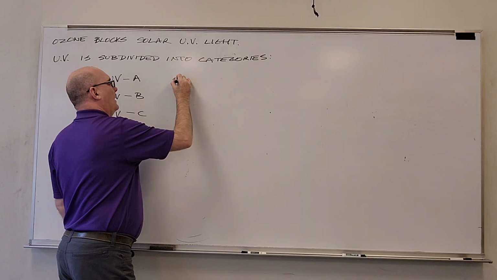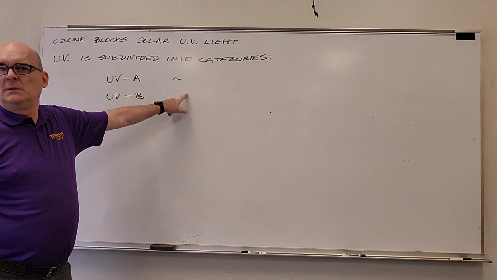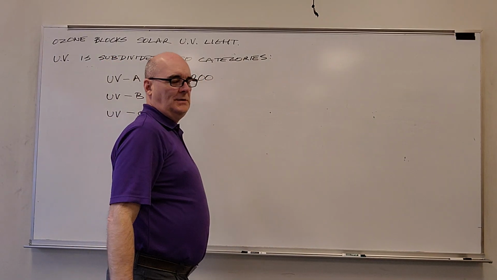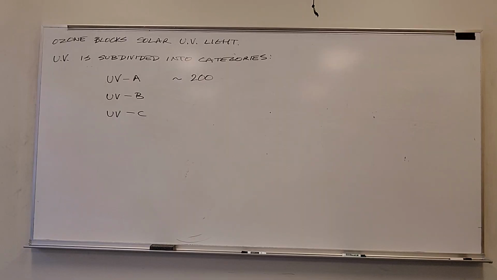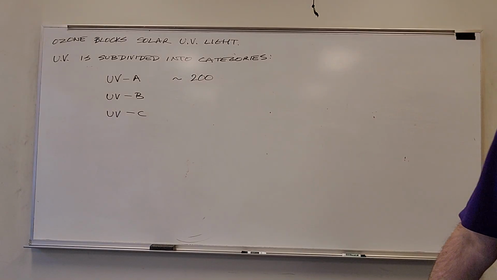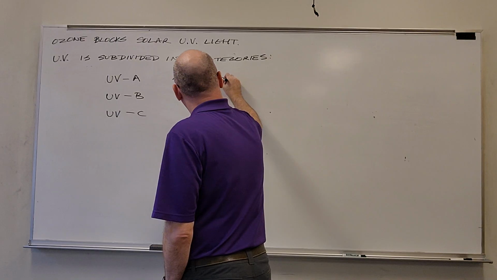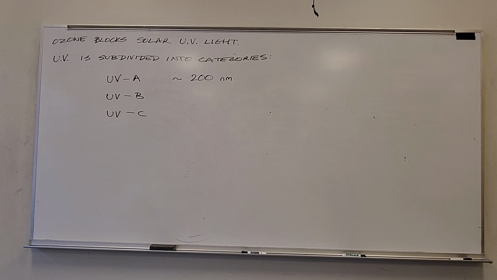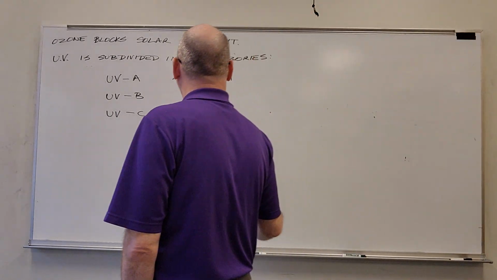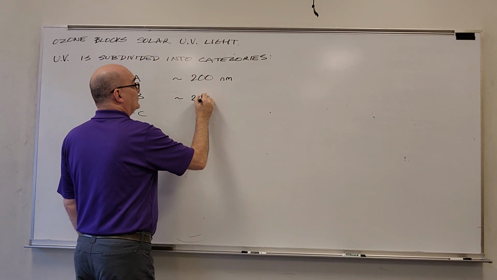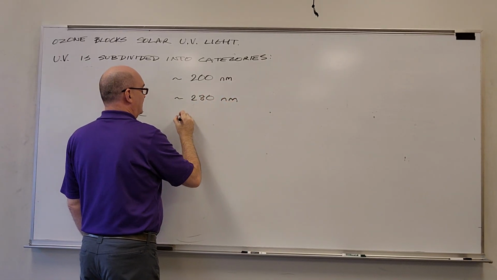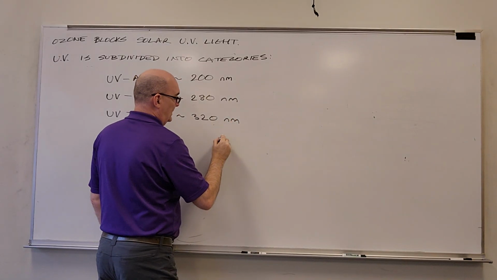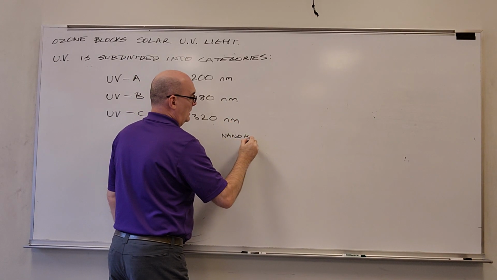This symbol, the little squiggle, means about. 200 nanometers. We're probably going to have to remind ourselves what that means. And then 280 and 320. So centered at about 280 nanometers and about 320 nanometers. These are nanometers.